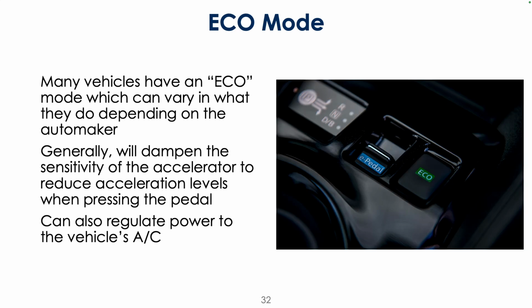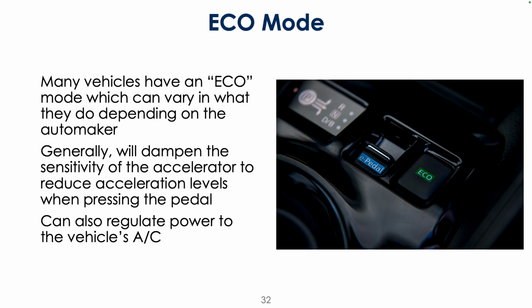A lot of vehicles have eco mode, and what that does depends on specific configurations by the automaker. But in general, for electric vehicles, all this is doing is dampening the sensitivity of your accelerator pedal. When you press down on your accelerator in eco mode, it'll make you accelerate less quickly.